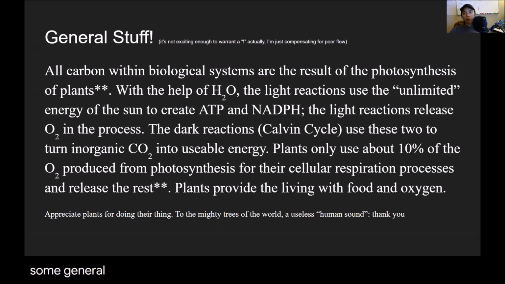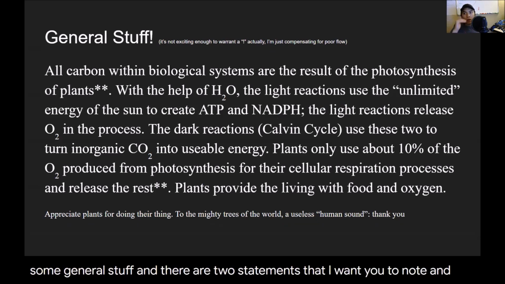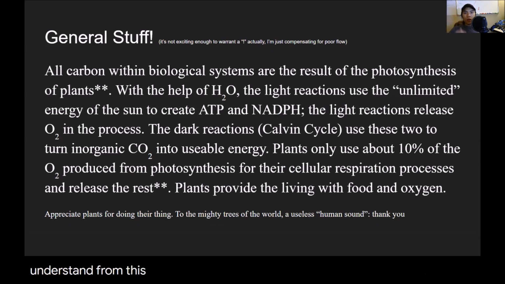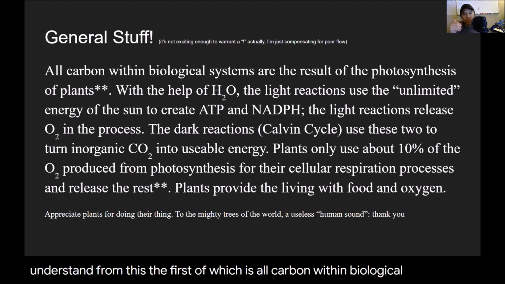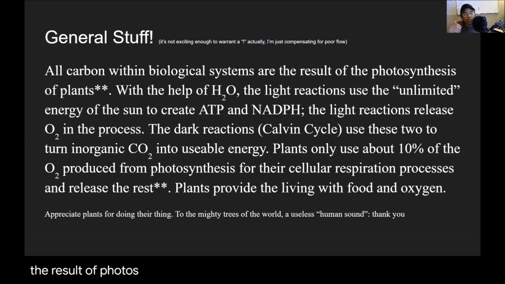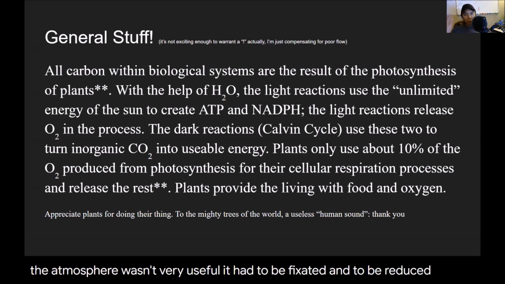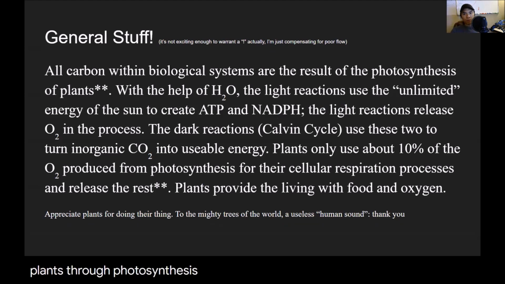So some general stuff. There are 2 statements that I want you to note and understand from this. The first of which is all carbon within biological systems is the result of photosynthesis of plants. Before, that carbon was floating around in the atmosphere, wasn't very useful. It had to be fixated, it had to be reduced by plants through photosynthesis.